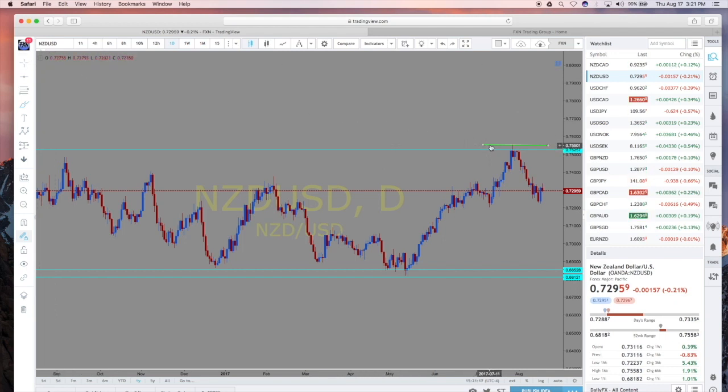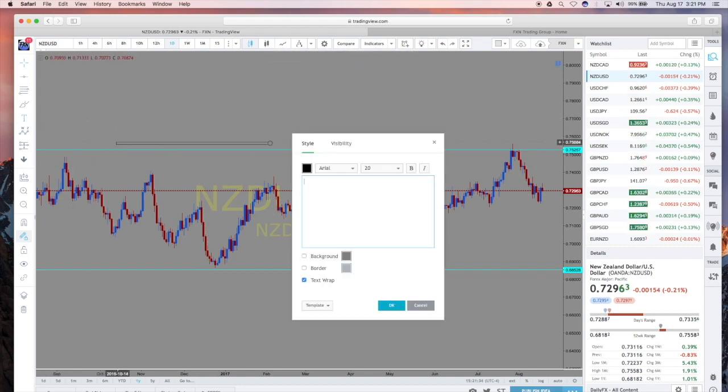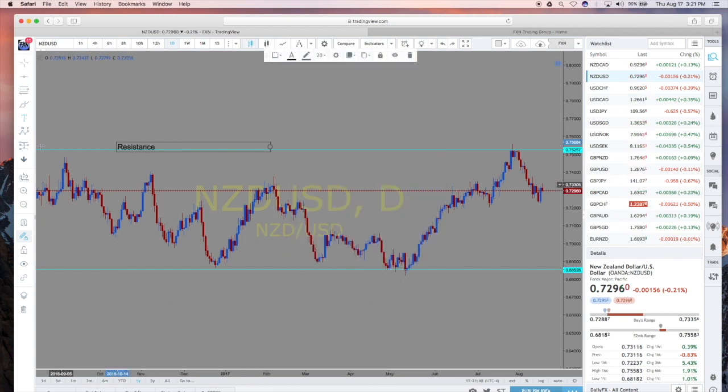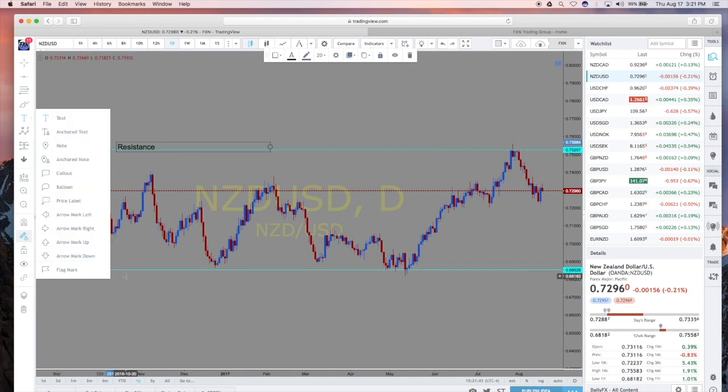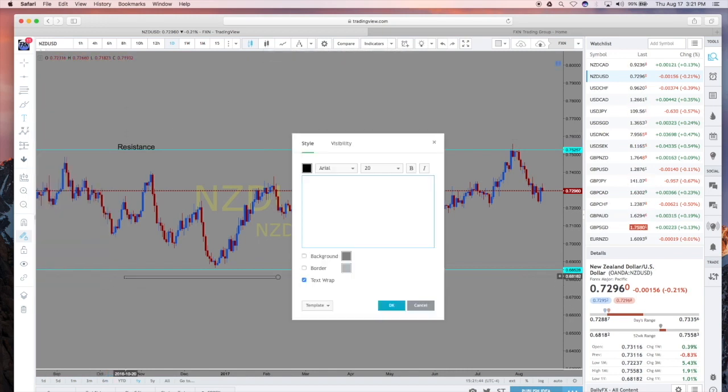As you can see, just like I showed you before, price doesn't move in a straight line. It moves up and down, working its way to either support or resistance. This right here is resistance, and this over here is support.